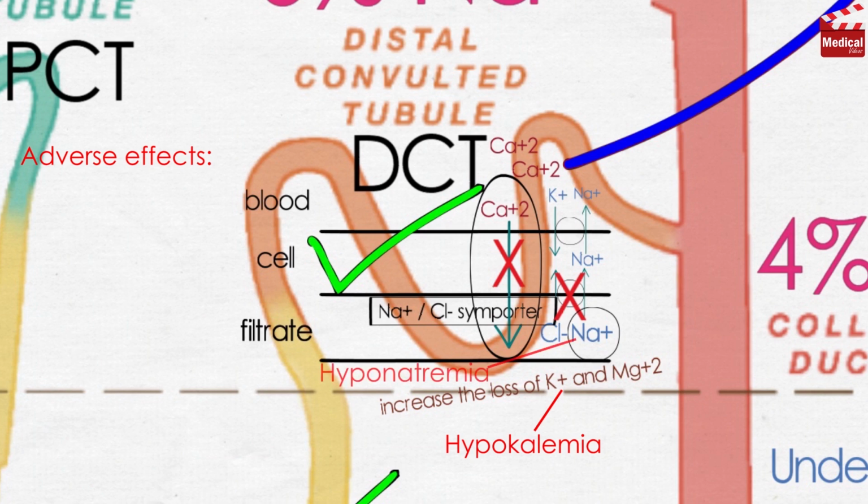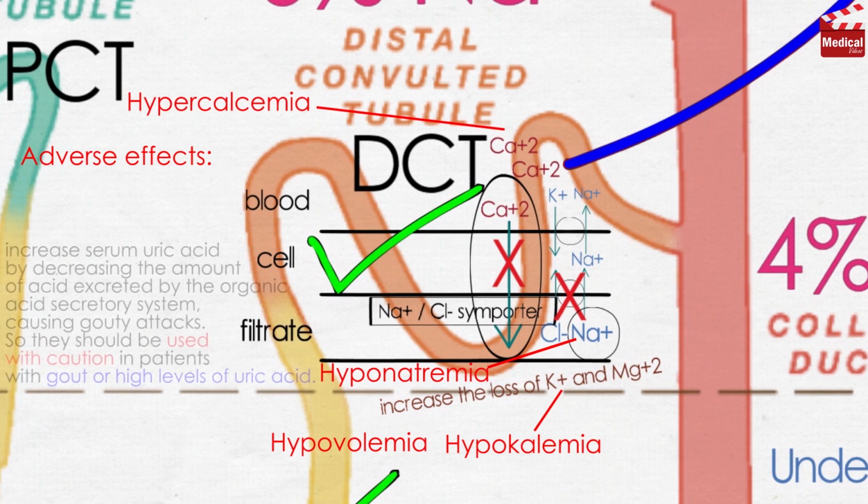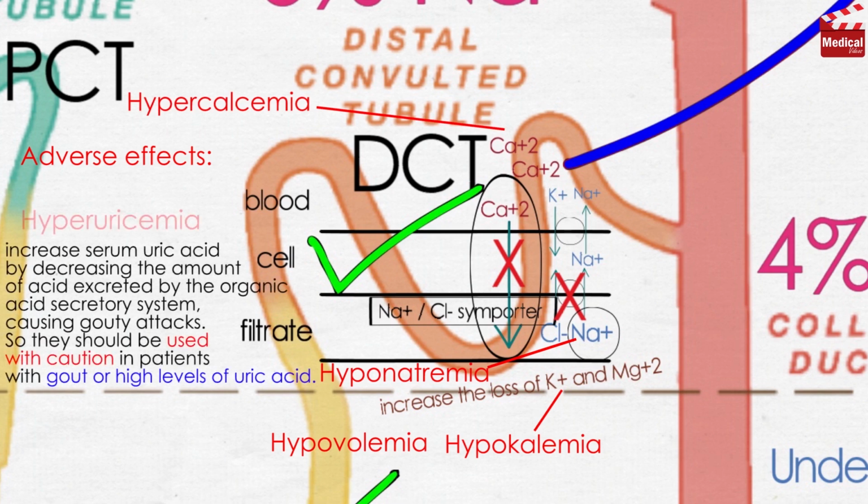Thiazides cause hyponatremia. And they also cause hypovolemia, that can cause orthostatic hypotension. And as we said, they can lead to hypercalcemia. Thiazides increase serum uric acid, known as hyperuricemia, and this is done by decreasing the amount of uric acid excreted by the organic acid secretory system, causing gouty attacks.